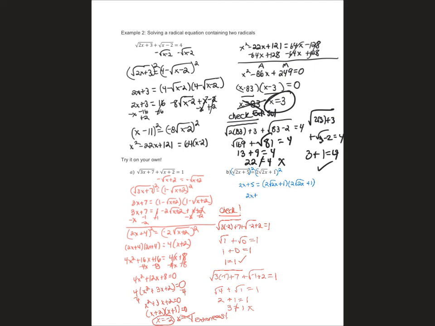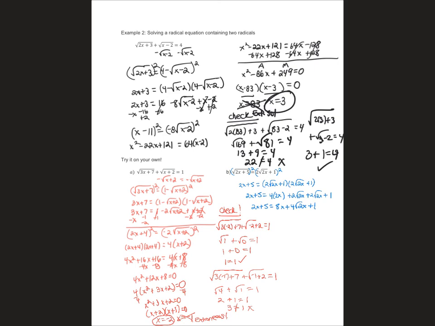We're going to need to FOIL the right-hand side. So 2 times 2 is 4 times 2x plus 2 times the square root of 2x plus 2 times the square root of 2x plus 1. 2x plus 5 equals 8x plus 4 root 2x plus 1.